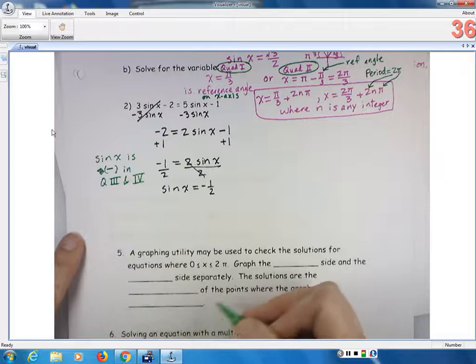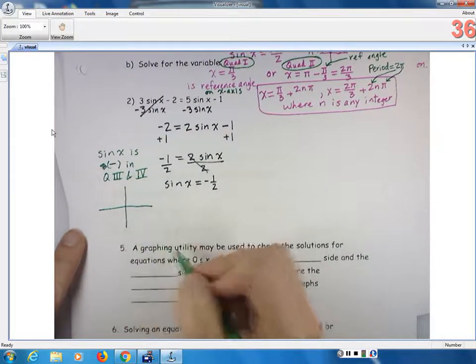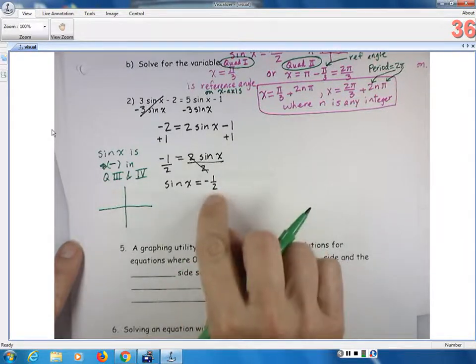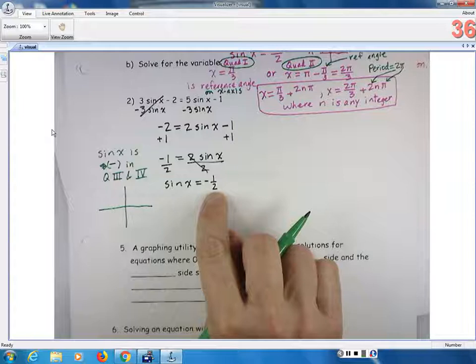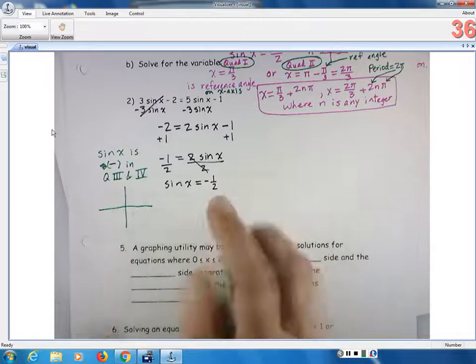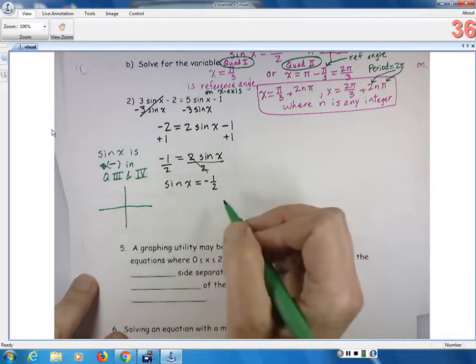So you note that, and I drew a little picture. The reference angle is positive pi over 6, but if you do inverse sine, you're going to get negative pi over 6.